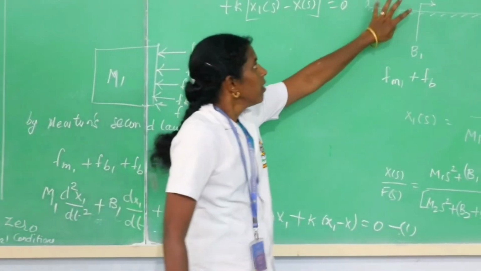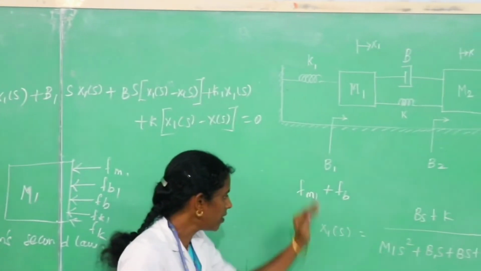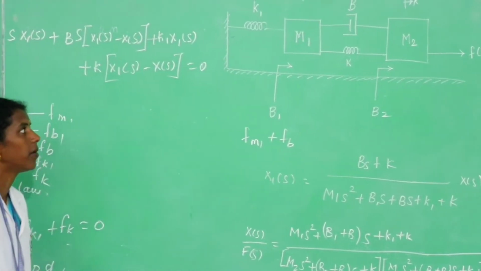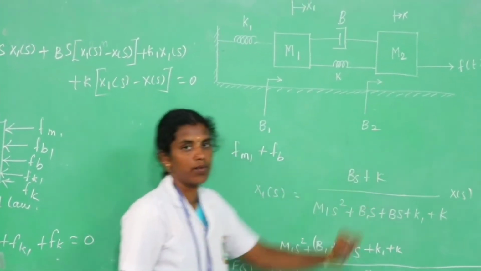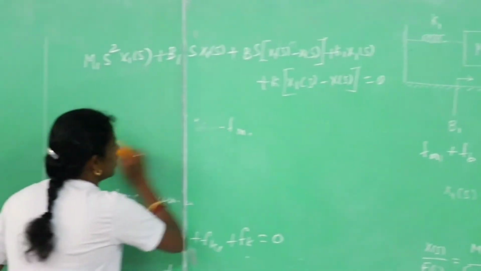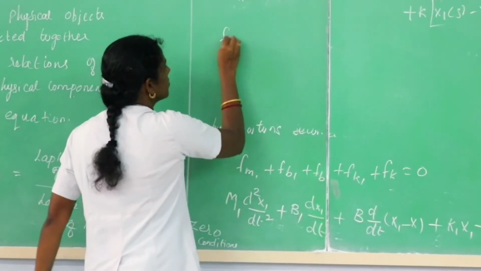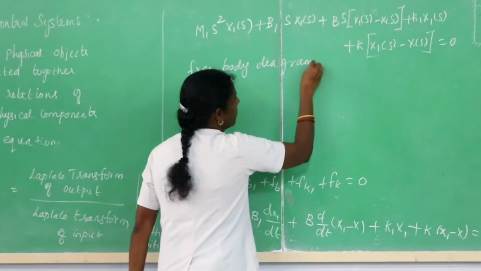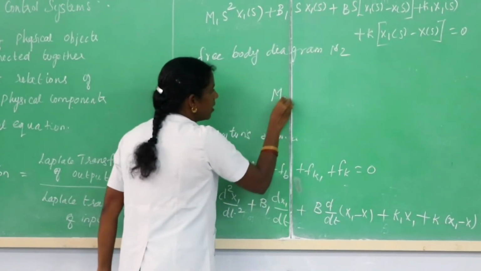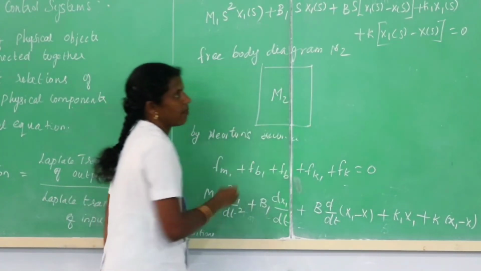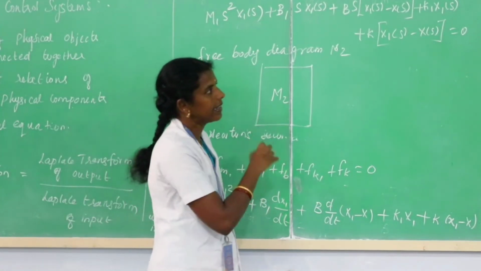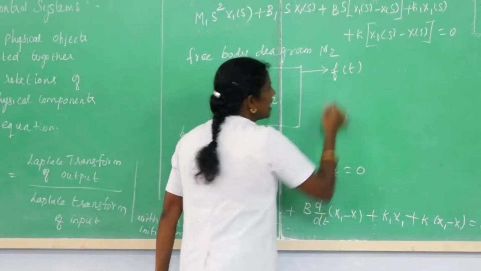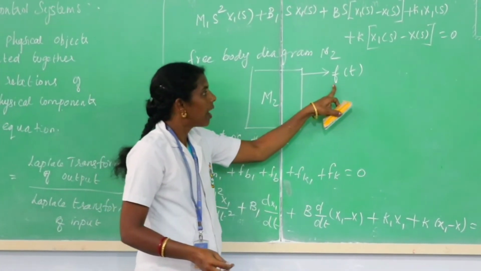Okay. So, while drawing the free body diagram for M1, we get X1 of s like this. Similarly, we are going to draw the free body diagram for the mass M2. The only difference between the mass M1 and M2 is that the force is applied at M2. So, you draw the free body diagram by putting F of t here, that is the applied force.